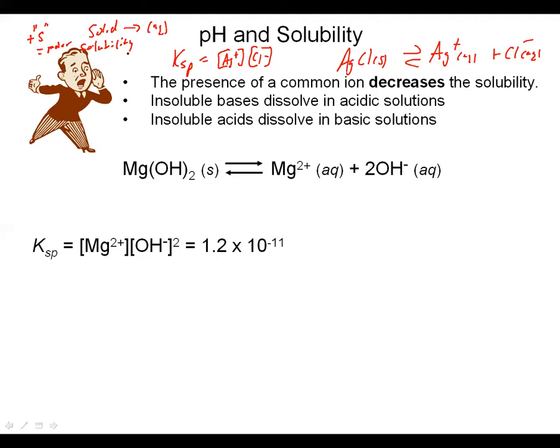If you look at the way the equation is set up, solid to aqueous, having a common ion is like adding more to the right-hand side, which should shift the equilibrium to the left and keep that solid from dissolving. So the presence of a common ion will actually decrease the solubility of a particular substance. Any questions on any of that stuff that we talked about last time?